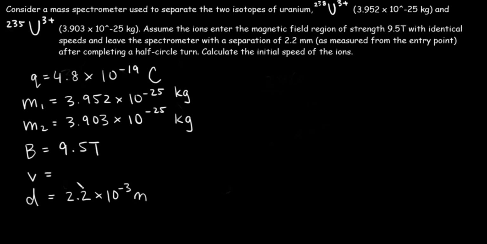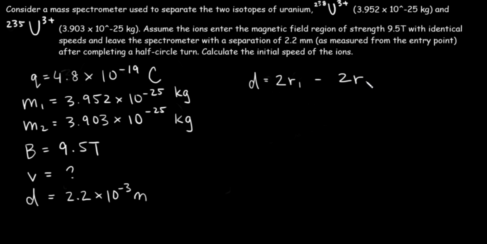Calculate the initial speed of the ions. So we want to know the initial speed. And we're actually going to use the same formula since it's basically the same kind of situation. The formula is D equal to 2R minus 2R. And for the R, we want the one with the bigger radius to be first so that we get a positive number. And in this case, the mass with the bigger radius is mass 1.